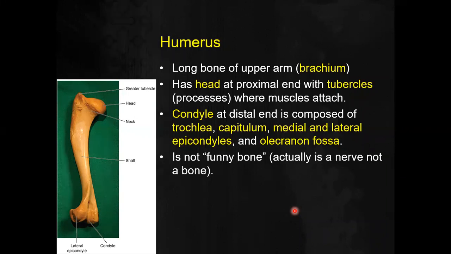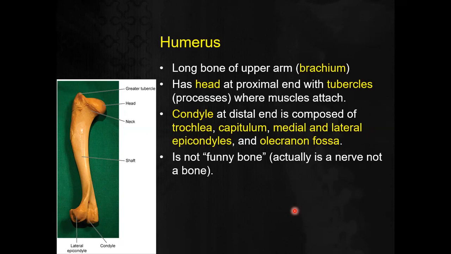And here I can have radius and ulna right here that are fused together. Radius and ulna are fused in the bovine, but we know that this is the olecranon.